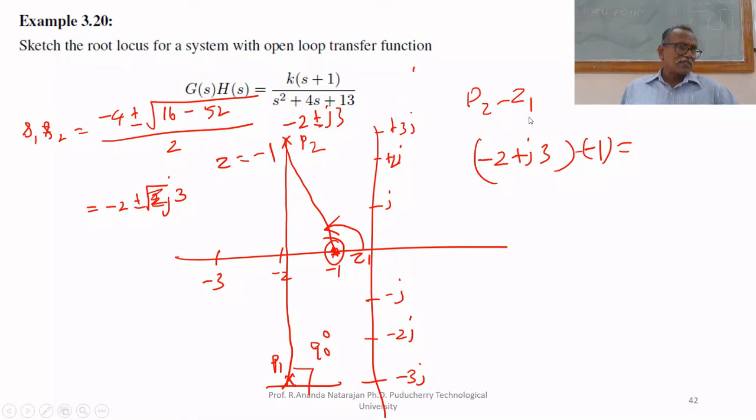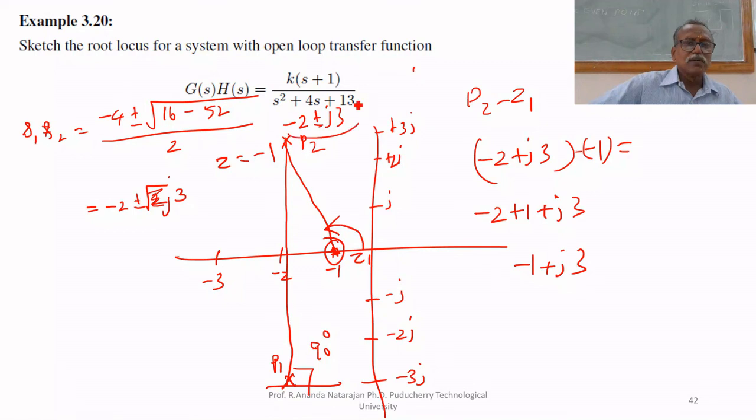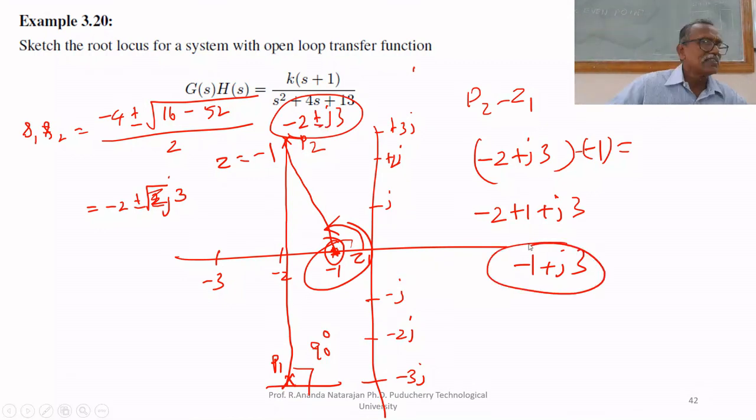Subtract, and you will get minus 2 plus 1 plus j3, that is minus 1 plus j3. Am I correct or not? What is the distance between these two? You subtract this point from this point: minus 1 and minus 2 plus j3 gives minus 1 plus j3.